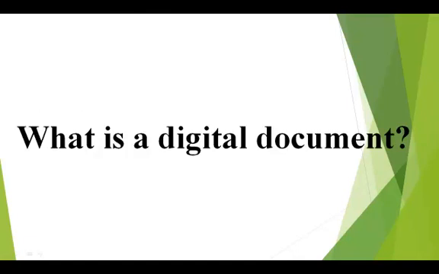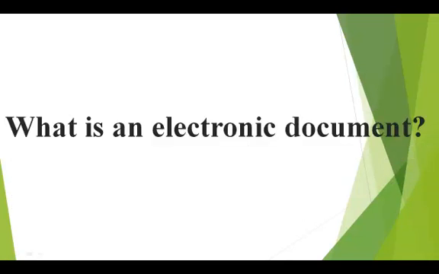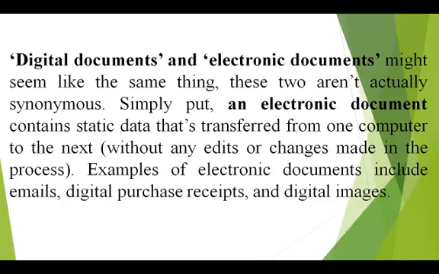So what is a digital document? It is one that is paperless in its original form, like an invoice that's sent as a PDF file via email. So what is an electronic document?